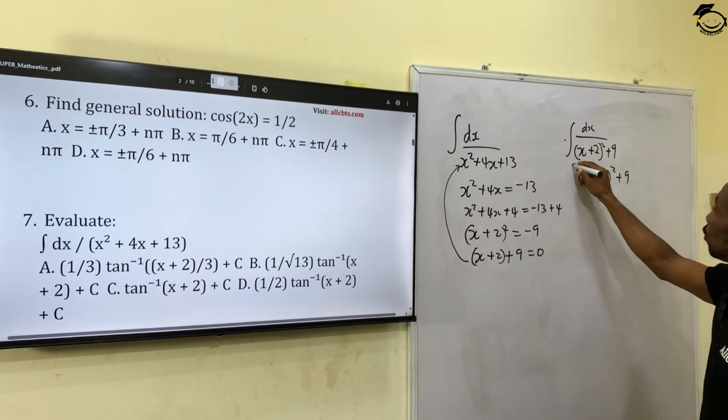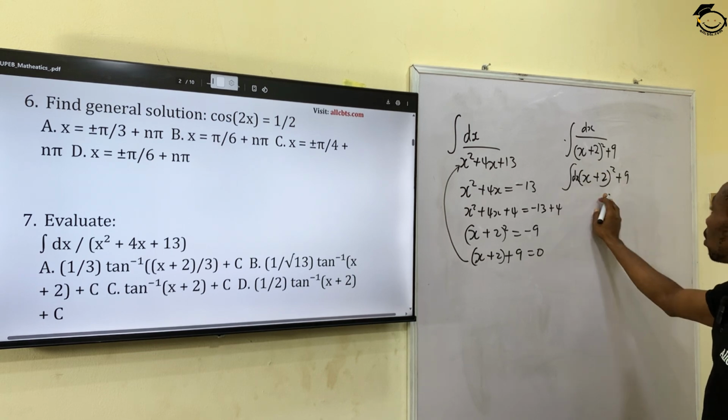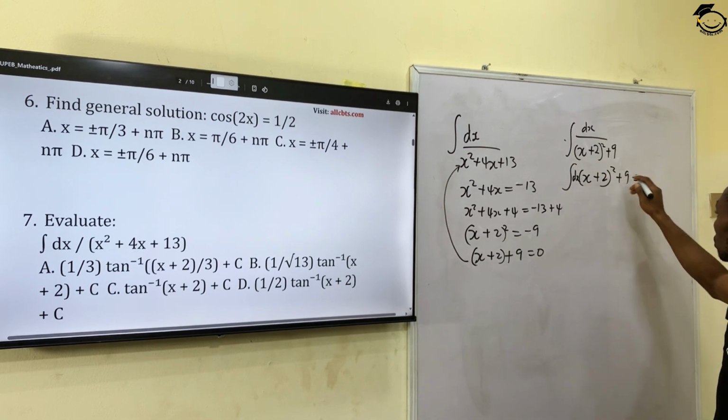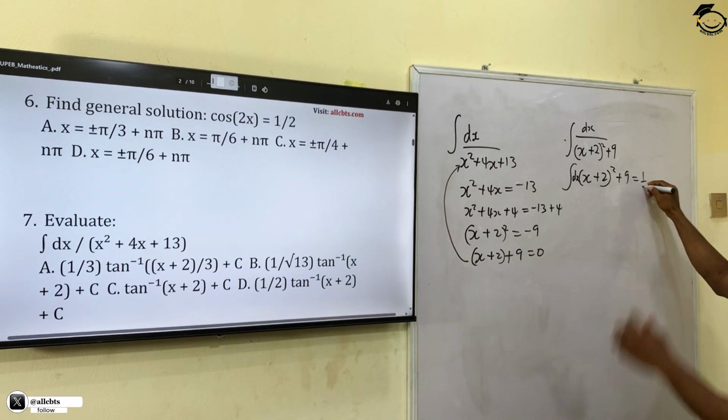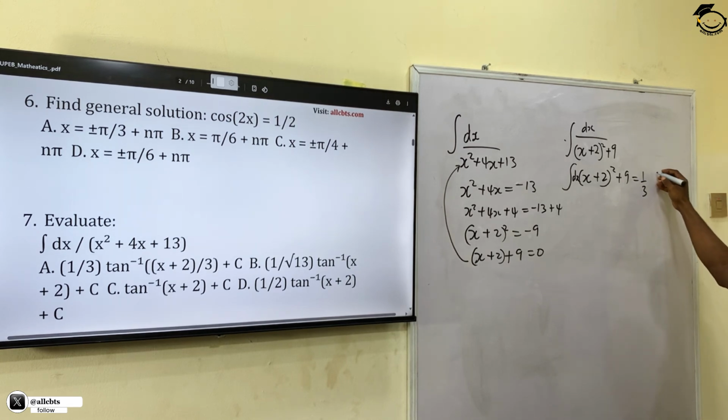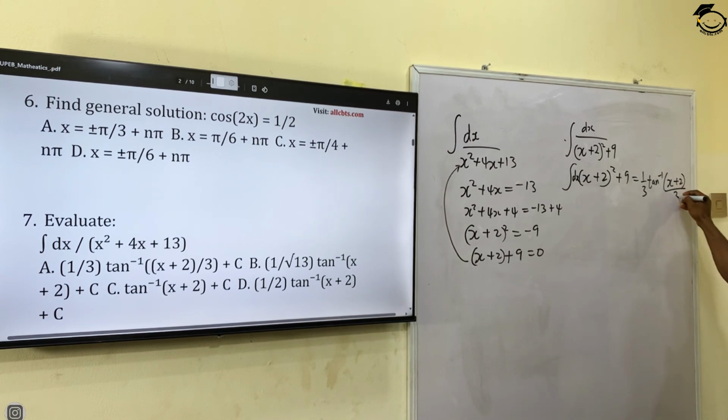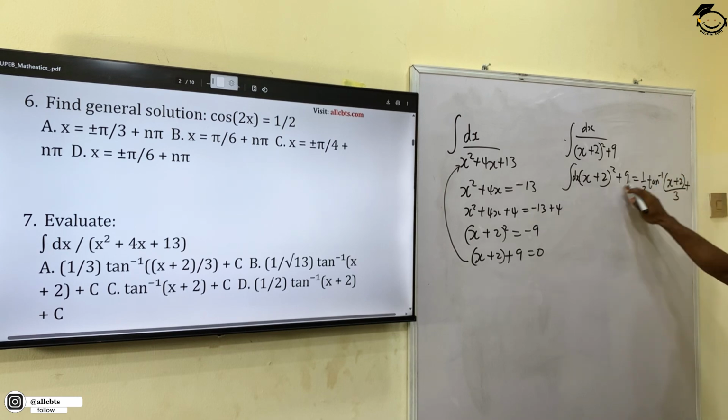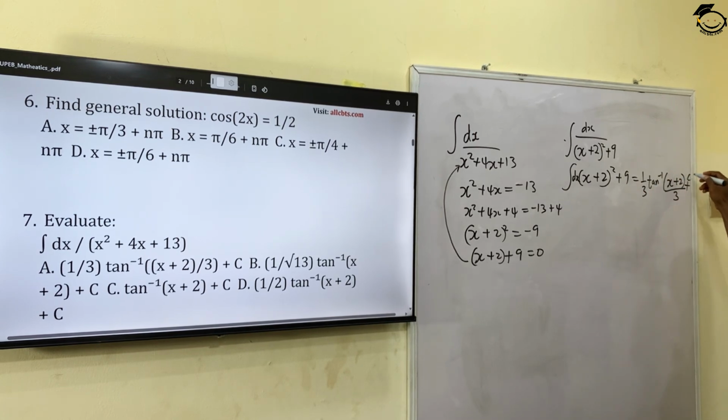Now integrating this, we'll find out that for our denominator of x plus 2 all squared plus 9, if we integrate this, this is going to give us 1 over 3 tan inverse of x plus 2 all over 3 plus our constant c.